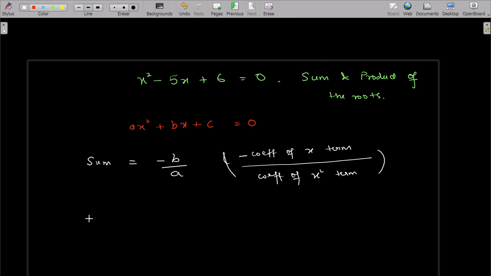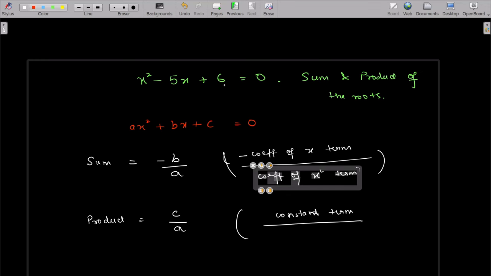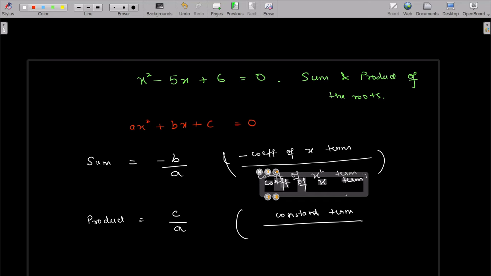And the product is given by c over a. That is the constant term over the coefficient of the x squared term. That's why you got 6 over 1, which is just 6.